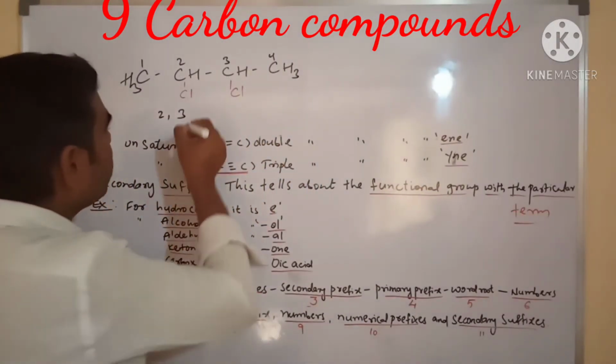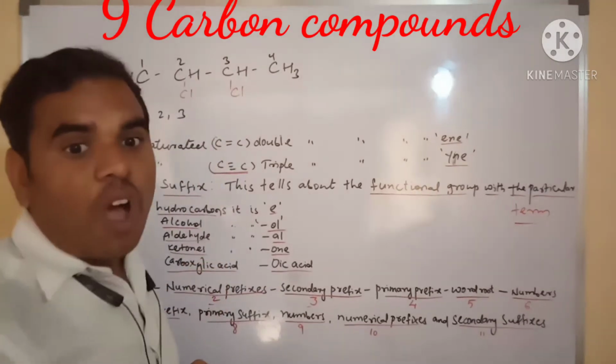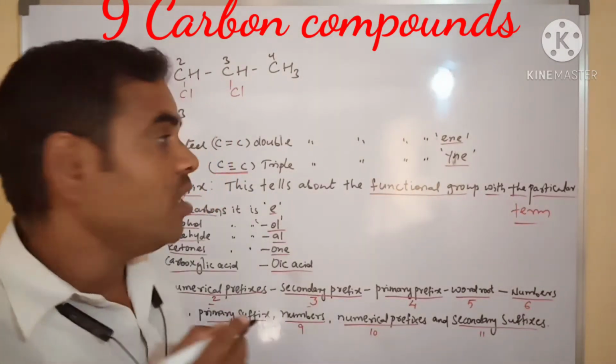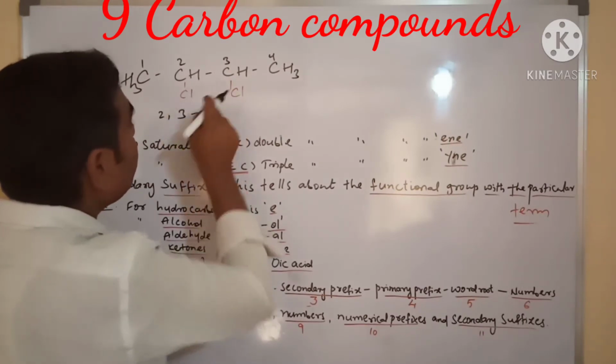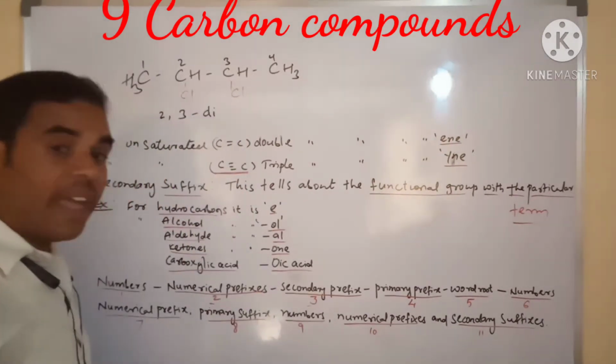How many chlorines are there here? Two, so di. We have to write dichloro.